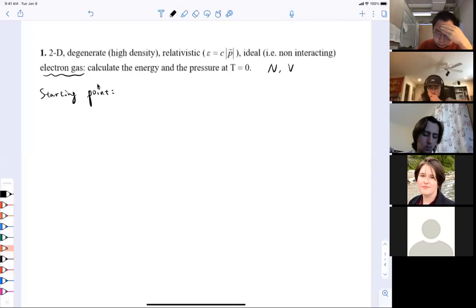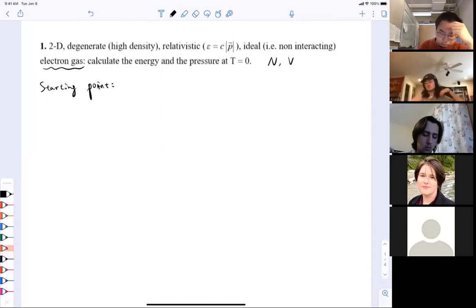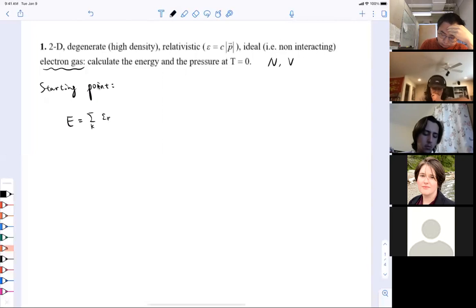So I would say it's a good idea to reproduce all the derivations that the professor did in the class. The starting point is, the energy is a sum over all the states, something like that.